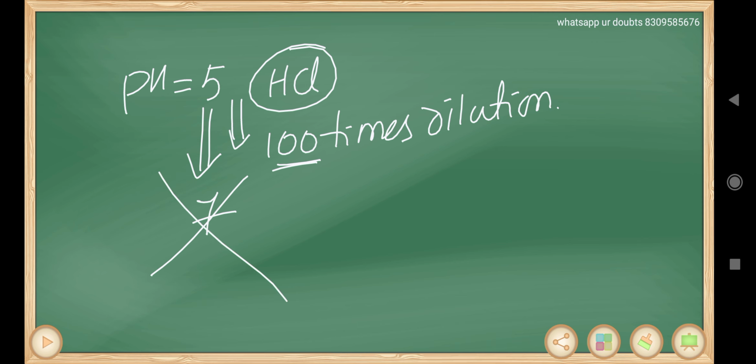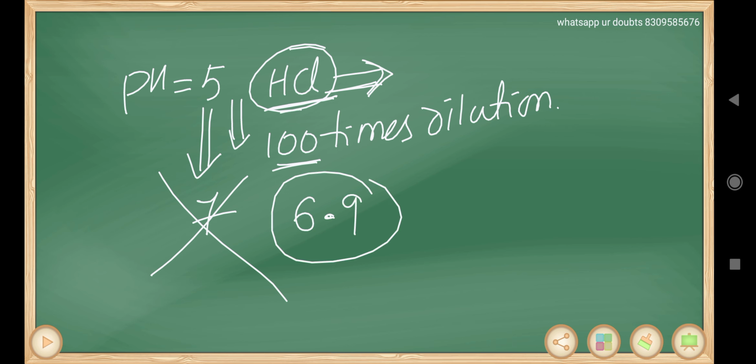But at 25 degrees Celsius normal conditions, 7 means it is neutral. Whatever the dilution is, acid is always acid. So you need to mention that it is less than 7, like 6.9, but don't mention 7.